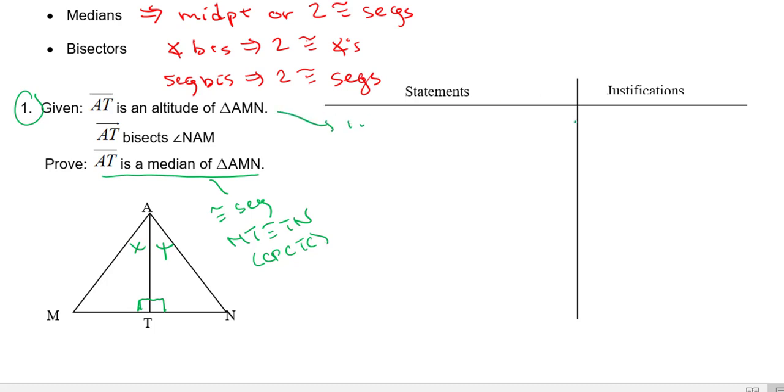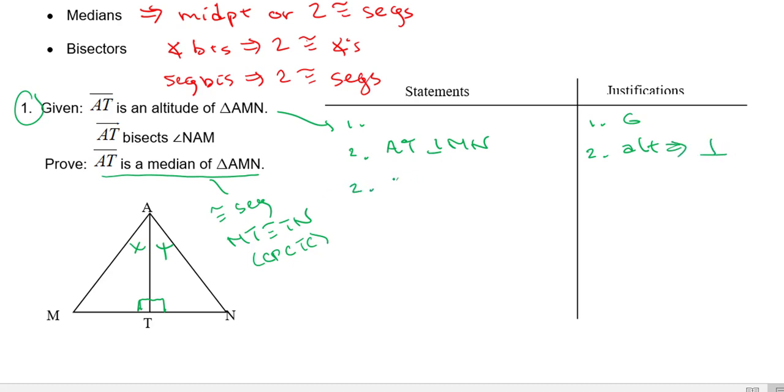So I got step 1, the altitude. Step 2, let's go to perpendicular. We've been doing perpendicular up till now, so let's say that AT is perpendicular to MN. I could say if an altitude, then it gives you perpendicular lines.